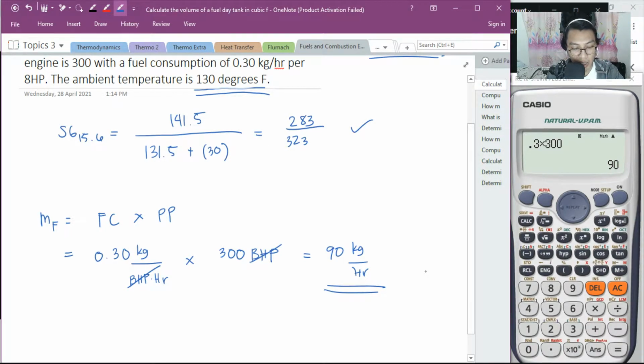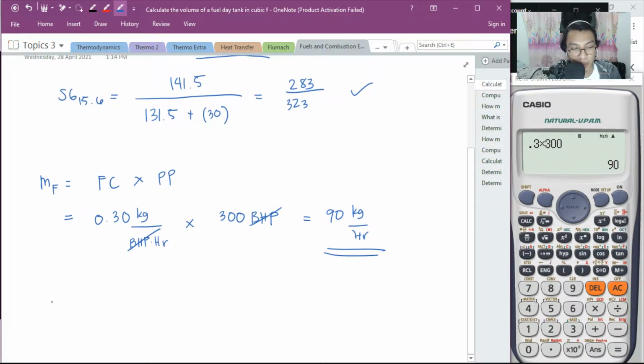Ang problema, kailangan mo ng SG muna at 130 degrees or yung SG niya at the given temperature. Correction factor, okay? Kunin mo na ito. 283 over 323 multiplied to 1 minus 0.0012372 multiplied to 490 over 9 minus 15.6.